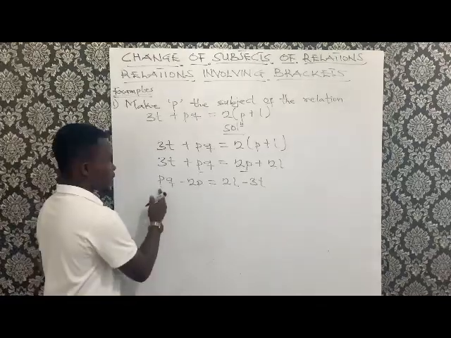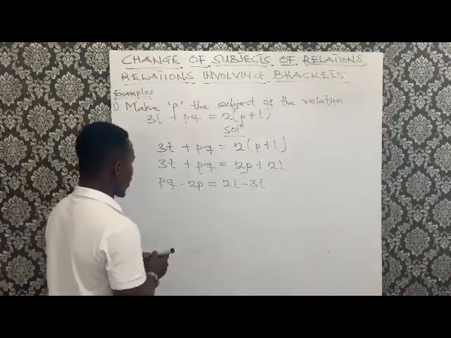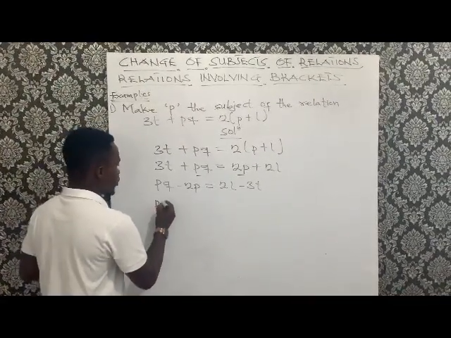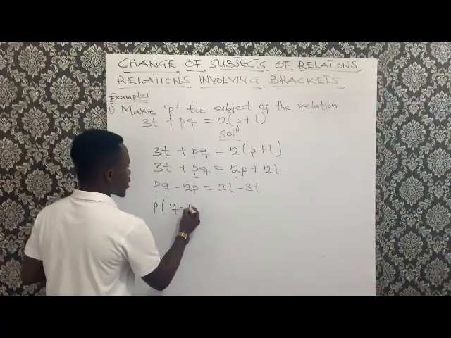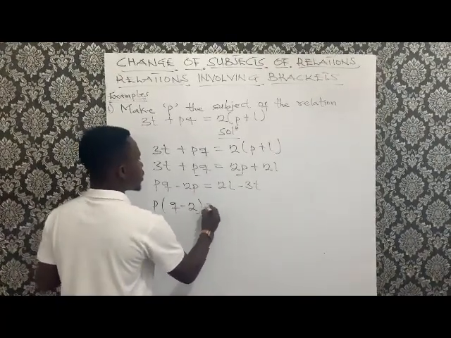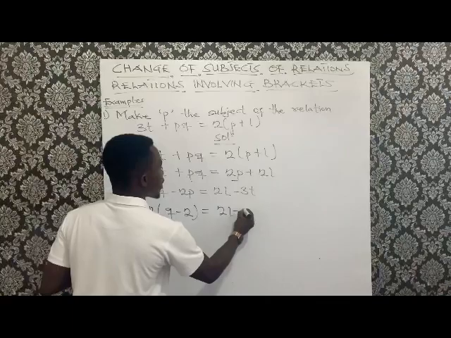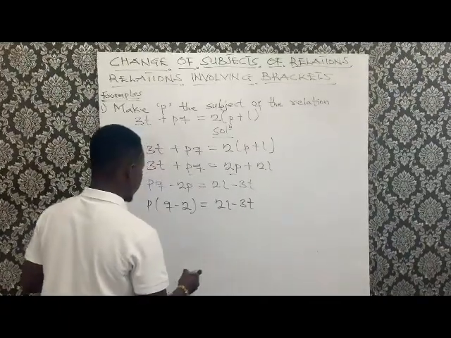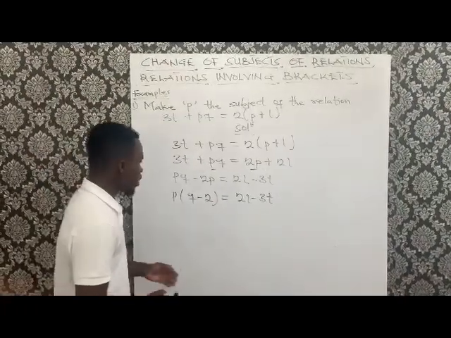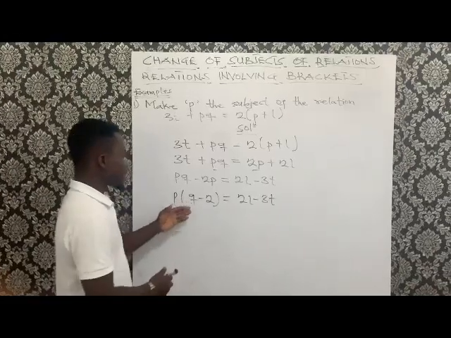Now since there's p here, there's p here, we factor p out to give us p bracket open q minus 2 bracket close equals 2l minus 3t. From here, we divide both sides by the terms in the bracket.